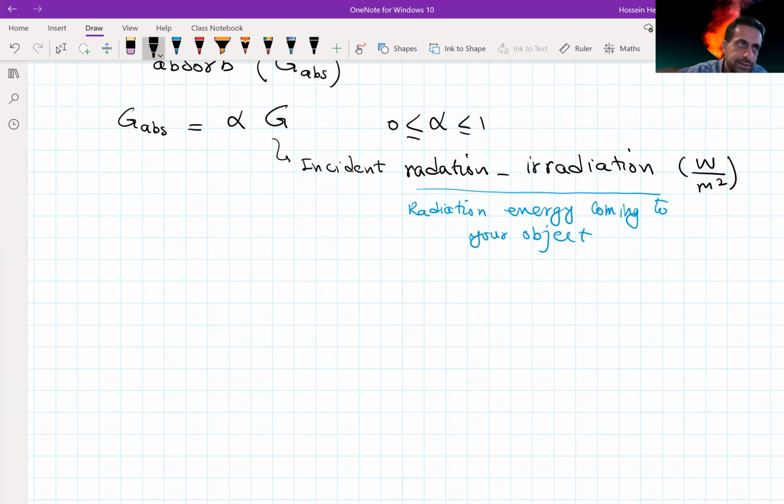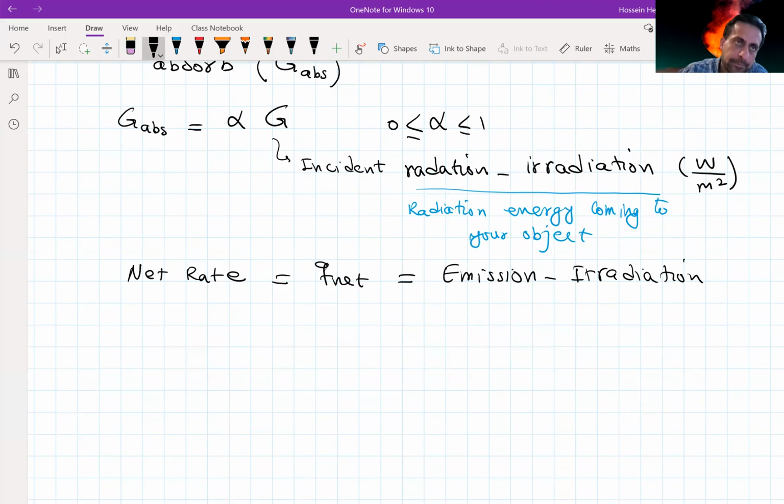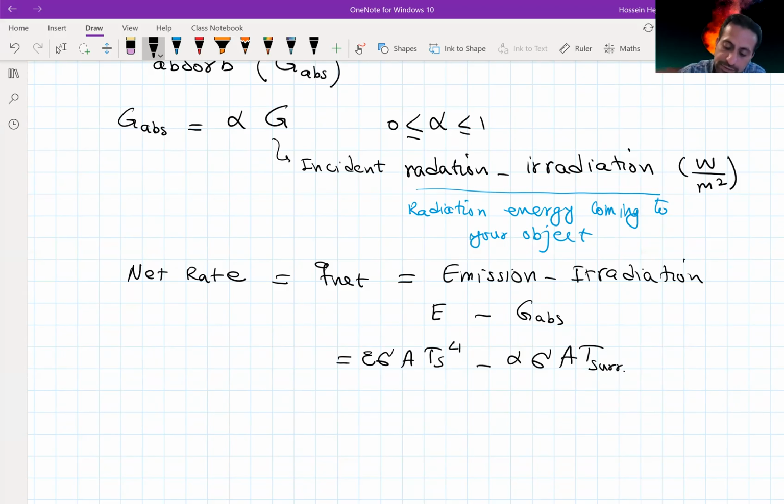Now, the net rate, or Qnet, is emission minus irradiation, which is E minus G, or is going to be epsilon sigma A Ts to the power of 4 minus alpha sigma A T of coming from the other object, or let's say here is only surrounding, that is covering that area, to the power of 4.